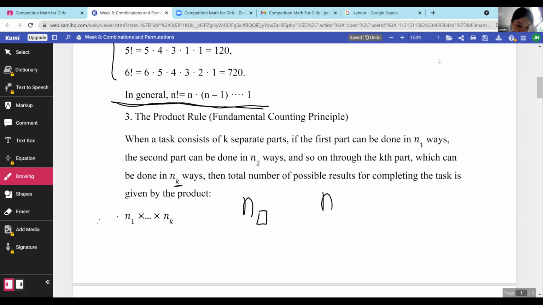For example, all of the tasks of n1 are indistinguishable, and all of them for n2 are indistinguishable, and so on. Is that good?